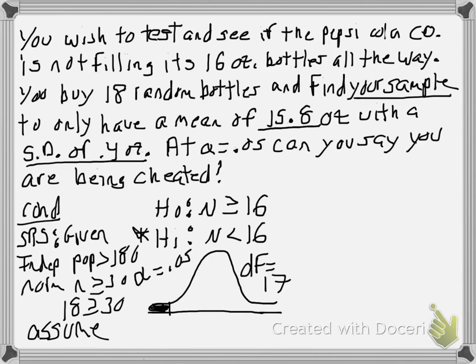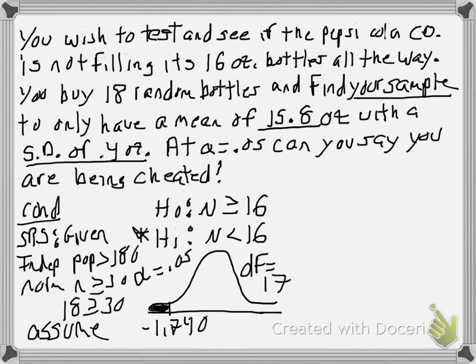Degrees of freedom is n minus 1. This is a one-tailed test, so all we have to do is go to the 0.05 on our table C on our blue chart, go down to 17, and we end up with 1.740. But since it is a left-tailed test, that is a negative 1.740. Please don't forget to make that distinction.